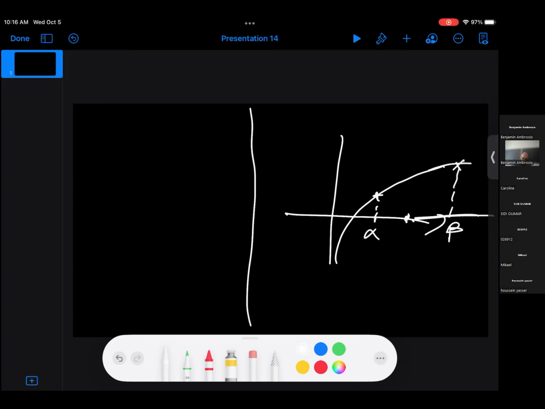So here you have theta alpha plus 1 minus theta beta, with theta belonging to 0, 1.